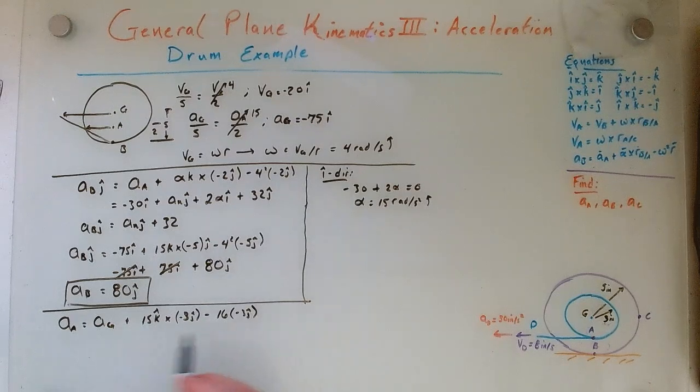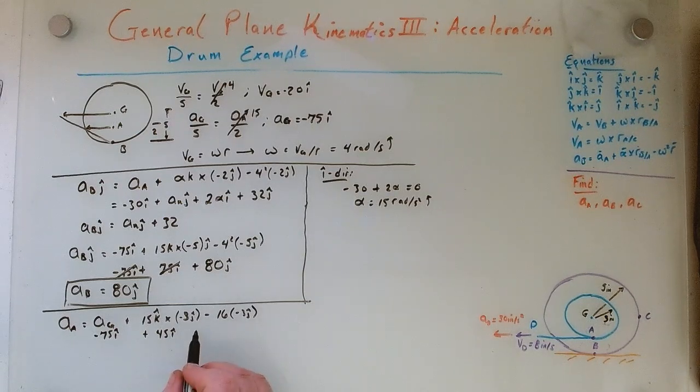Do we have values for that? I think we do. This is 75, so minus 75i, and this is 45, so that is minus times a minus, so plus 45i, and then 16 and 3 is 48, right?